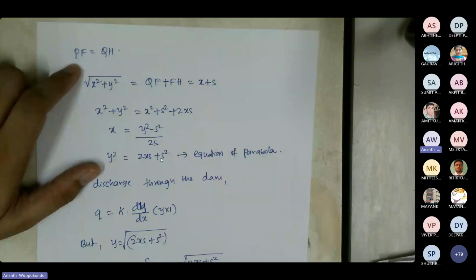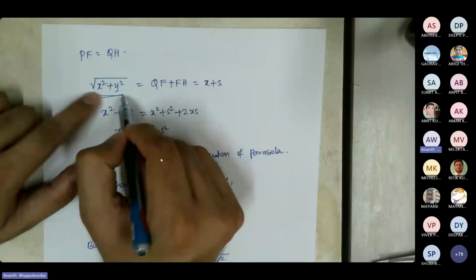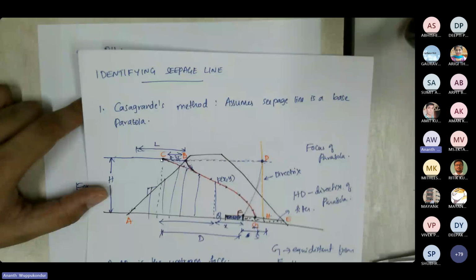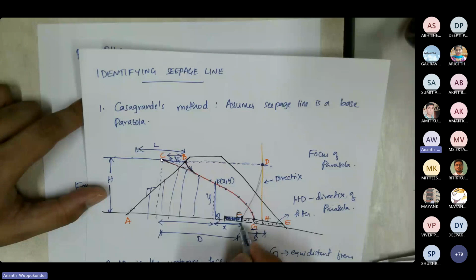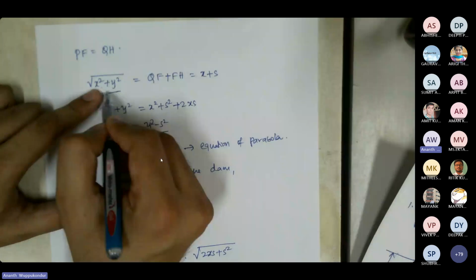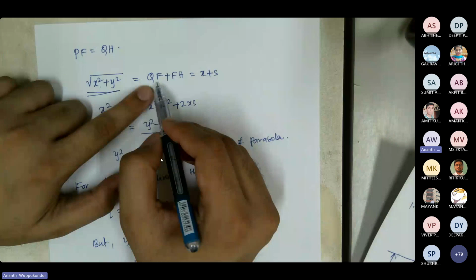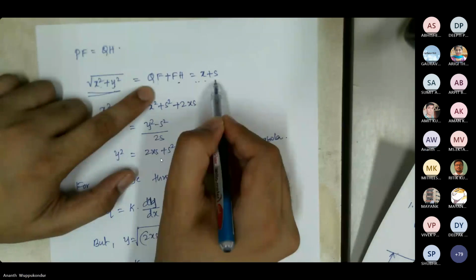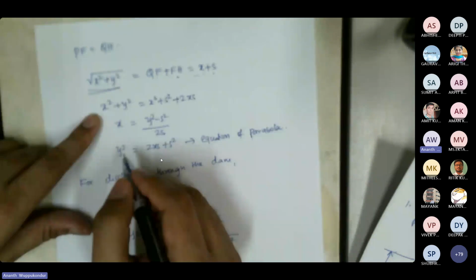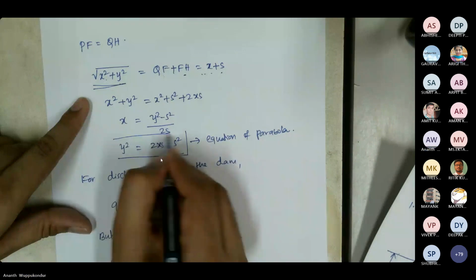So PF equals QH. PF you can calculate as square root of x squared plus y squared, since let's say this height is y and the distance is x from the focus point. And then QH can be two components, which is QF plus FH. So that becomes x plus s. Now, if you rearrange this, you get an expression for y squared, which is the equation of this parabola.